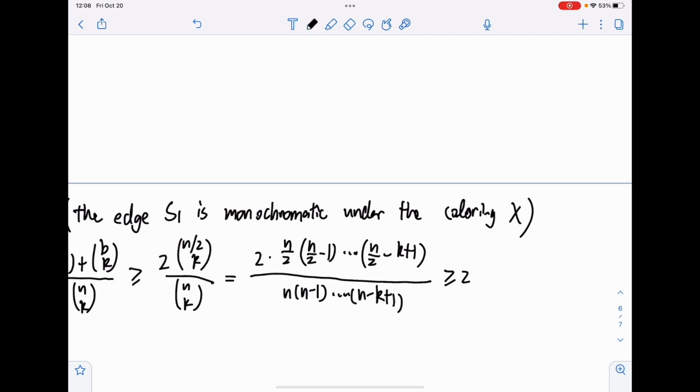This is less than or equal to the total number of chi's, and how many are there? There are 2 to the power of n, since there are n vertices and each of them has two possibilities of color.